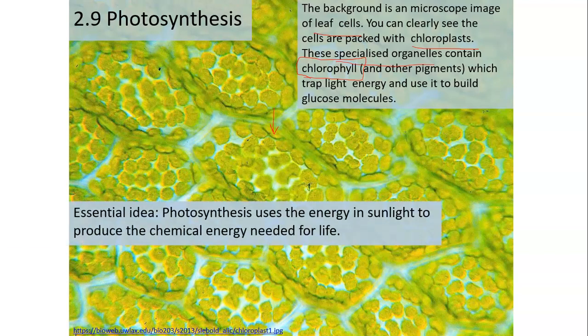The essential idea in this section on photosynthesis is that photosynthesis is a process that uses the energy from the sunlight and turns that energy into chemical energy.